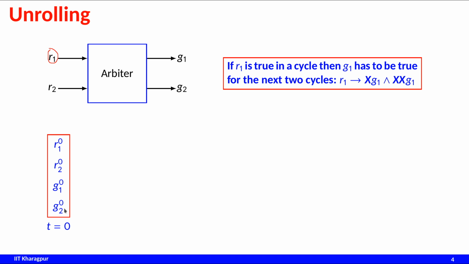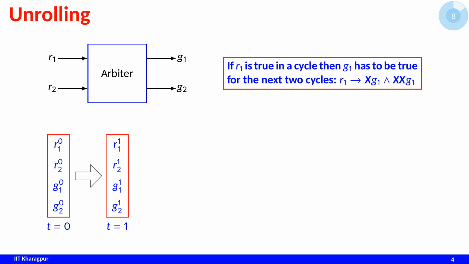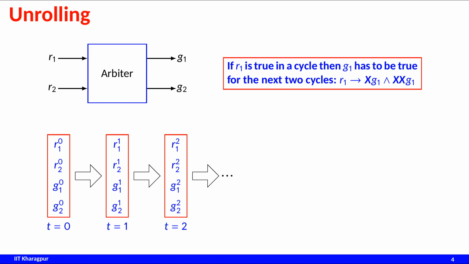In the next time step we again have the same set of variables r1, r2, g1, g2, but the time index distinguishes them from the other time steps. Similarly, we can proceed for every time step. We allocate those Boolean variables and continue to do so.